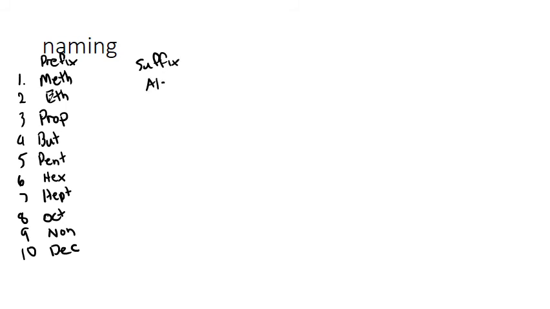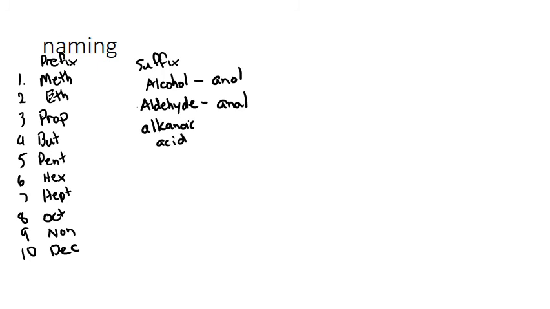So if it's an alcohol, we use anol. If it's aldehyde, anal. If it's alkanoic acid, we use anoic.